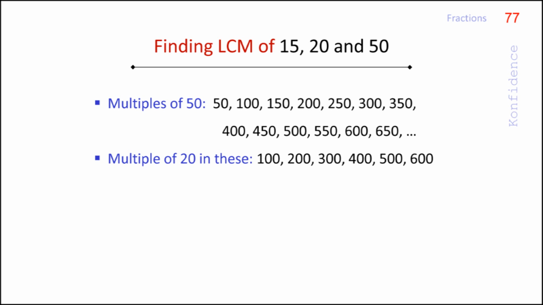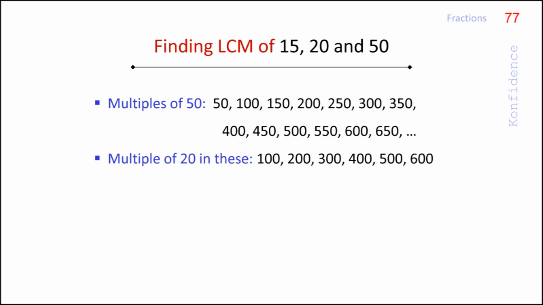We see that 100 will fit our requirements. 100 is the LCM, or the least common multiple, of 20 and 50. But 100 is not a multiple of 15. So it cannot be the LCM of 15, 20 and 50.